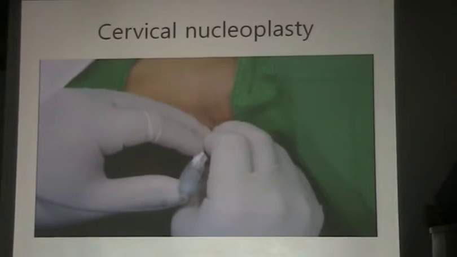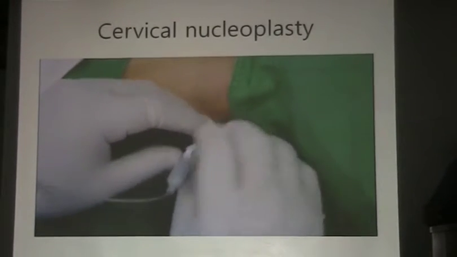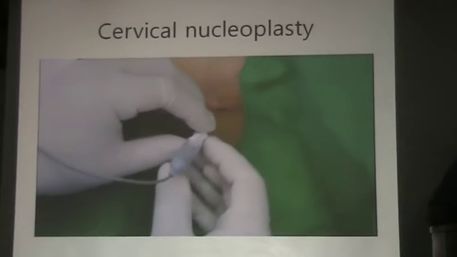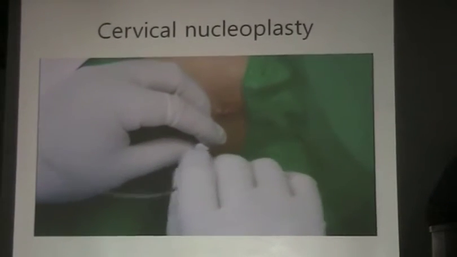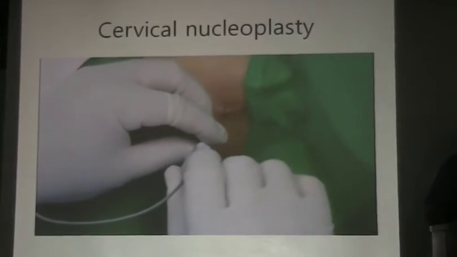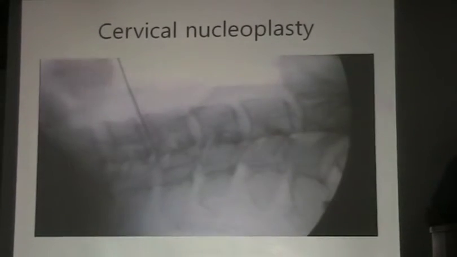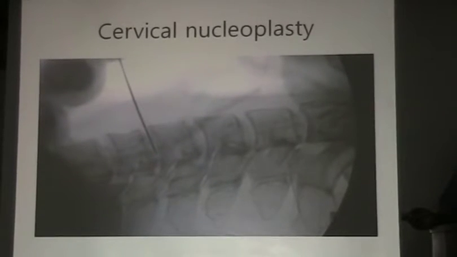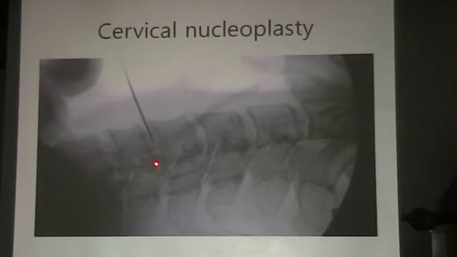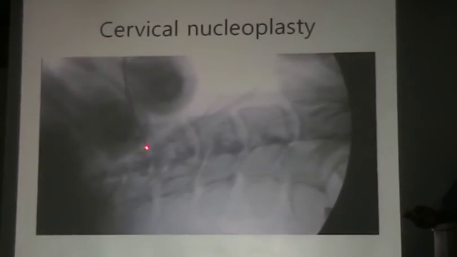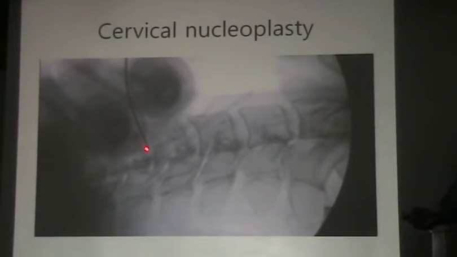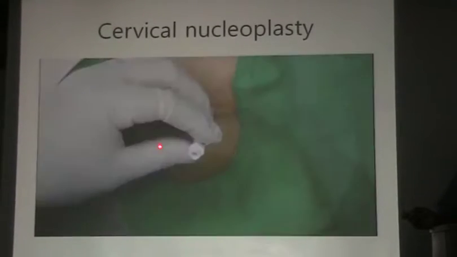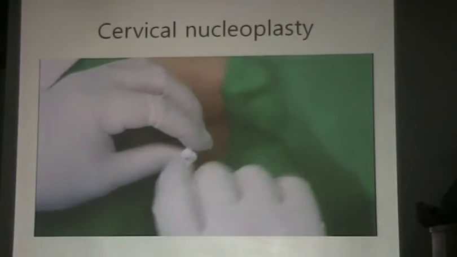And delicate movement of the needle with CM guidance and encouraging, with turning the catheter. And you can see the tip of the nucleoplasty needle at the posterior vertebral line. Withdraw the nucleoplasty needle slightly and change the direction of the needle to the foramen.